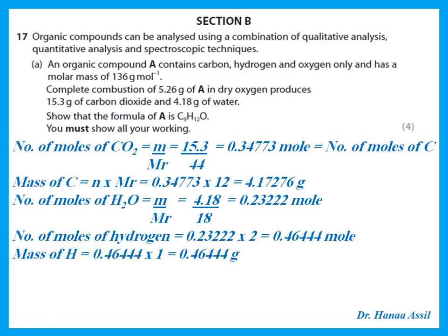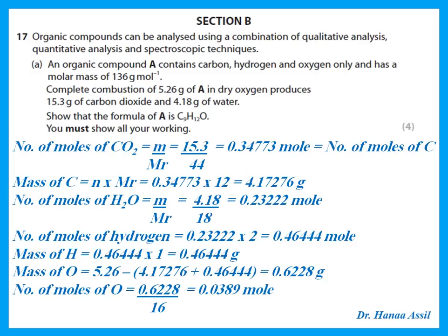Now I can get the mass of oxygen. We subtract both of these from the total mass. So for the mass of oxygen, we started with a total mass of 5.26 minus the mass of hydrogen plus the mass of carbon, and this gives me the mass of oxygen. So now I can get the number of moles of oxygen.